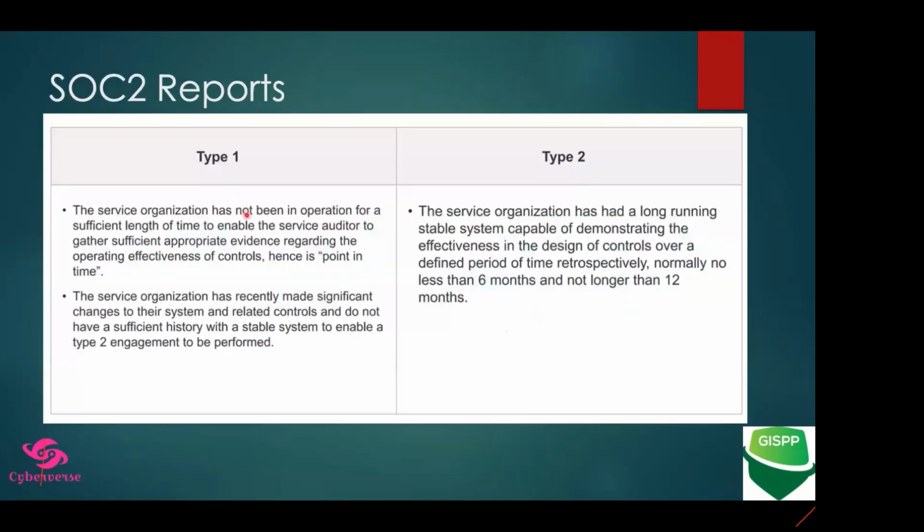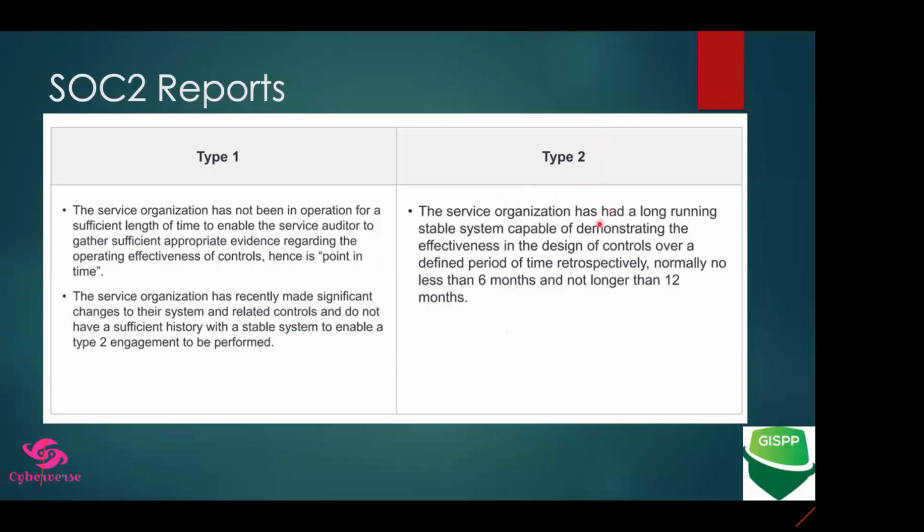Okay, so this is just a quick difference. As I said, type 1 is about point in time. The service organization has recently made significant changes, and they want to get some sort of confidence that yes, we have started designing our information security program based on SOC2, so you can go for type 1. It's like a snapshot of that point in time situation.